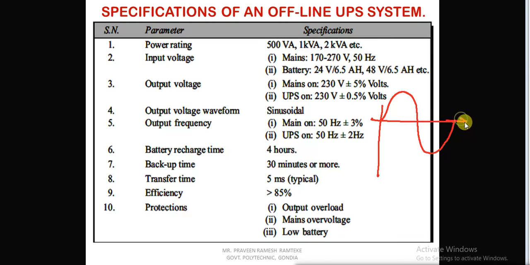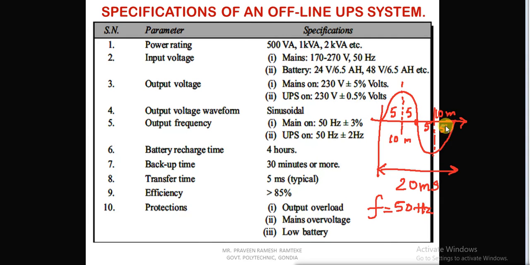For one cycle, the time period is 20 milliseconds if the frequency is 50 hertz. For half a cycle, it is 10 milliseconds, and for the other half, it is 10 milliseconds. So for 1/4 cycle, it is 5 milliseconds. Again I divide it: 5 milliseconds, 5 milliseconds.